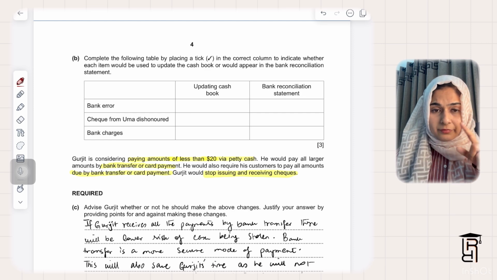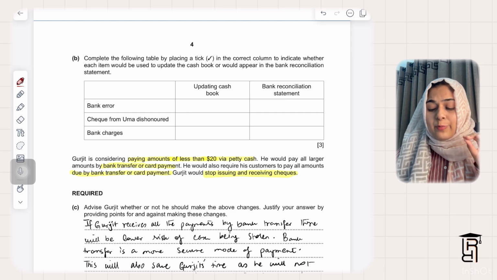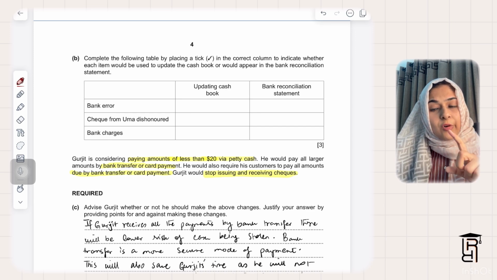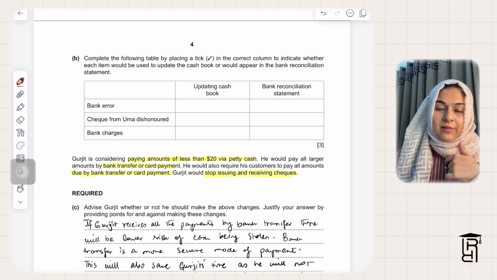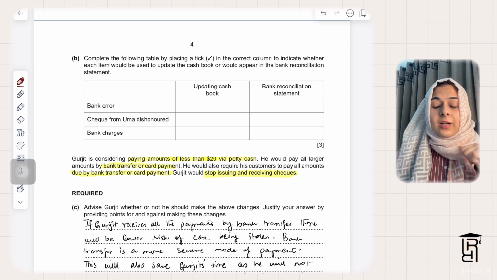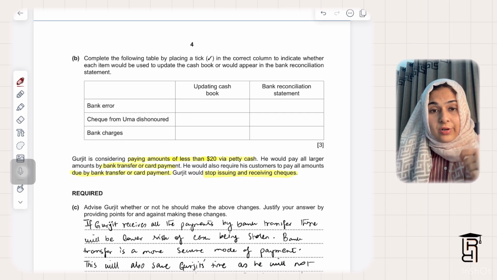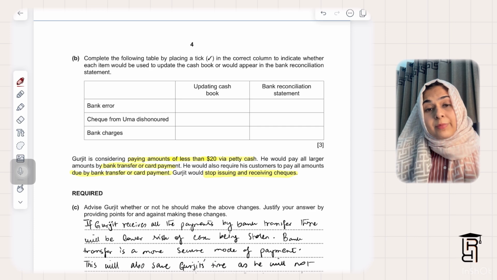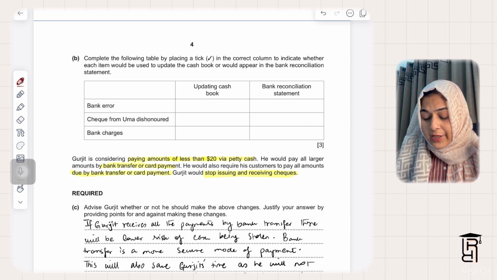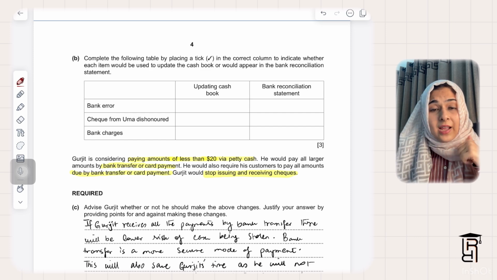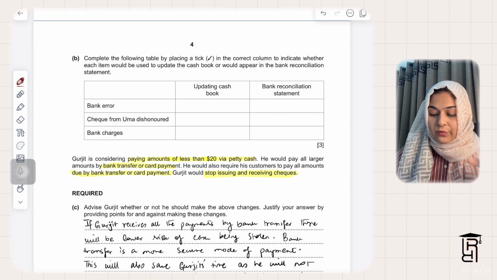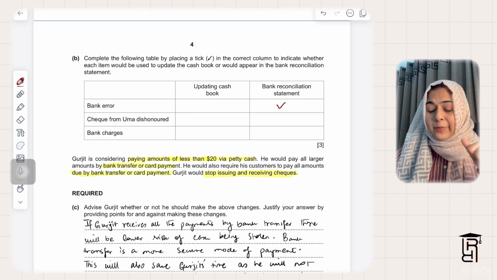So this part specifically is about bank reconciliation statements, and you must know that there are certain items which are recorded in the bank statement, but we haven't recorded them in our cash book. So when we receive the bank statement, we discover that there are certain items which we did not record in our cash book, so we need to update the cash book for them. If there is a bank error, an error the bank has made, we haven't made this error in the cash book, so we need to record this in the bank reconciliation statement.